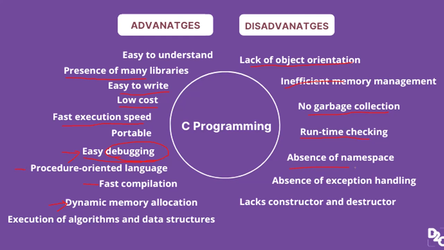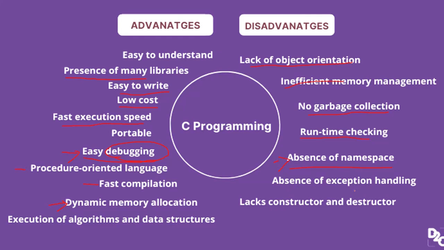Absence of namespace. When we write the code, we use functions, and in that function, when we use space in between the names, it doesn't work. It shows an error. So it is the main drawback, and this is called absence of namespace. Next, absence of exception handling.